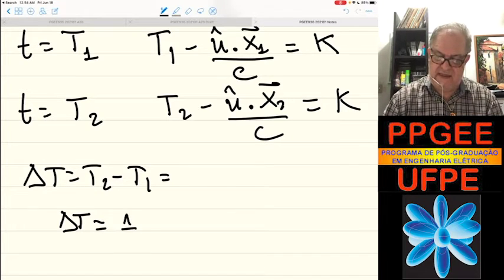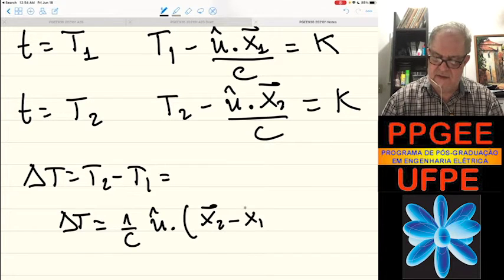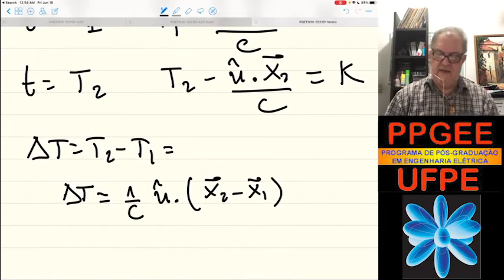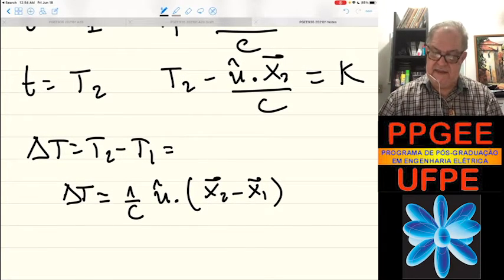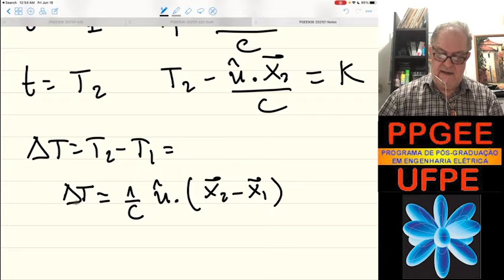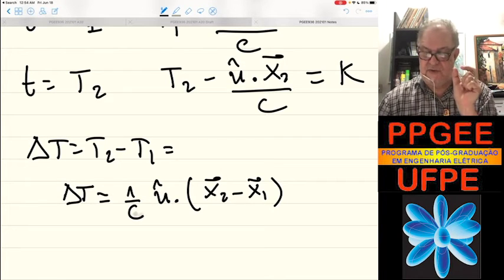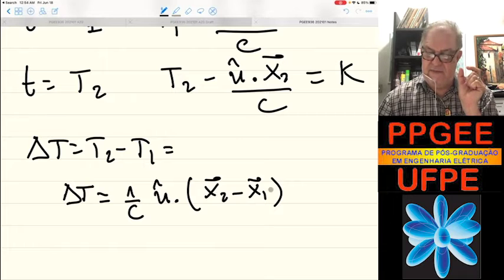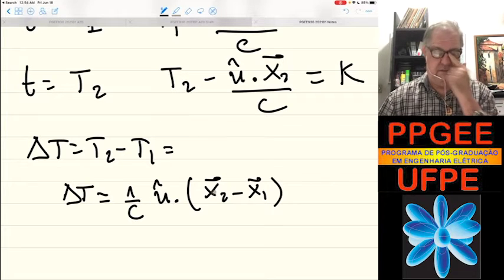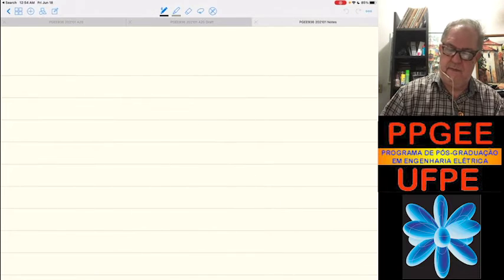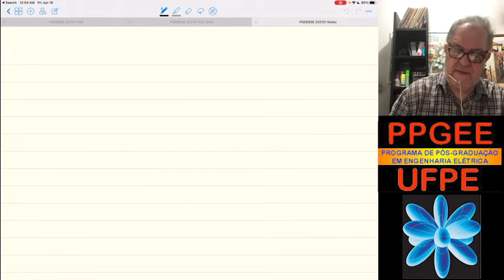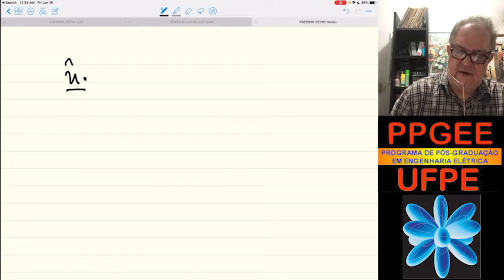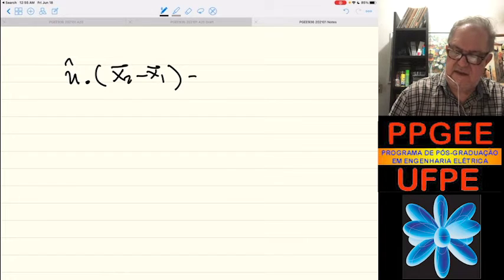It's going to be 1 over c, u dot x2 minus x1. Right? So that's the condition. The surfaces have a time difference. There are two different surfaces, and they have to be tied by this equation. Okay? So that's the condition: u dot x2 minus x1 is a constant.